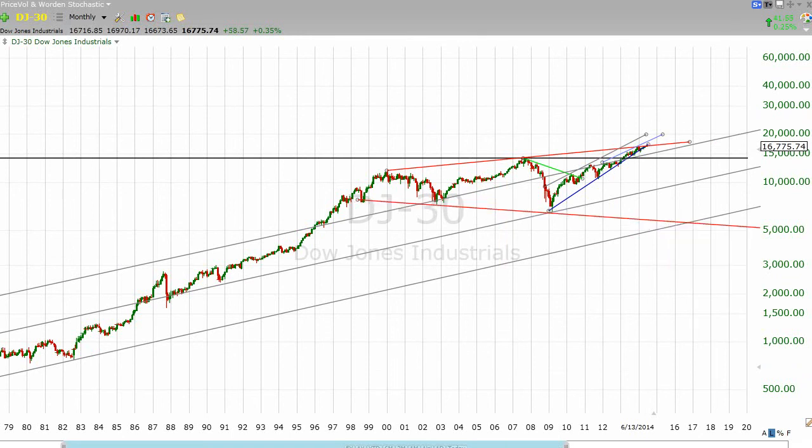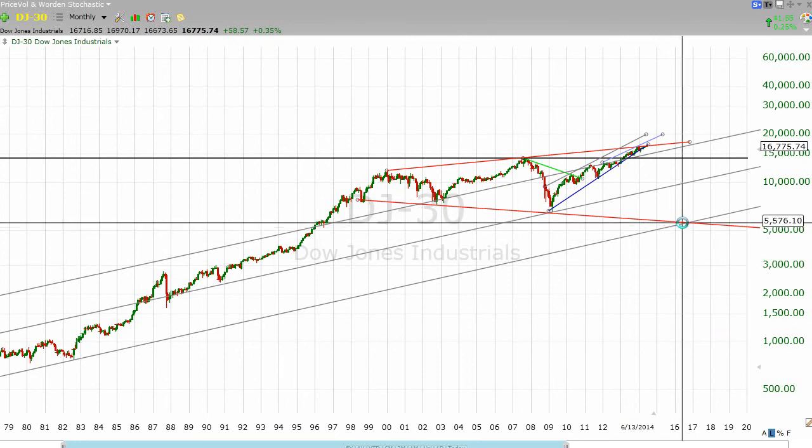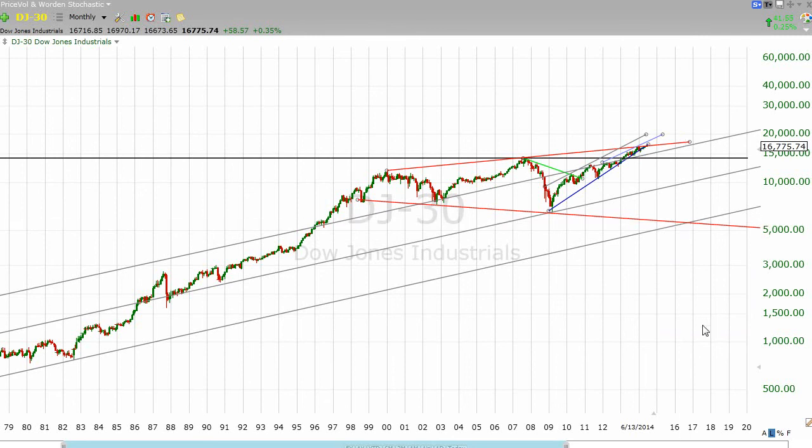So guys, that would mean we would not know if this is a broadening top until the Dow gets under about 5,500, and just getting there would be catastrophic as far as the markets go.